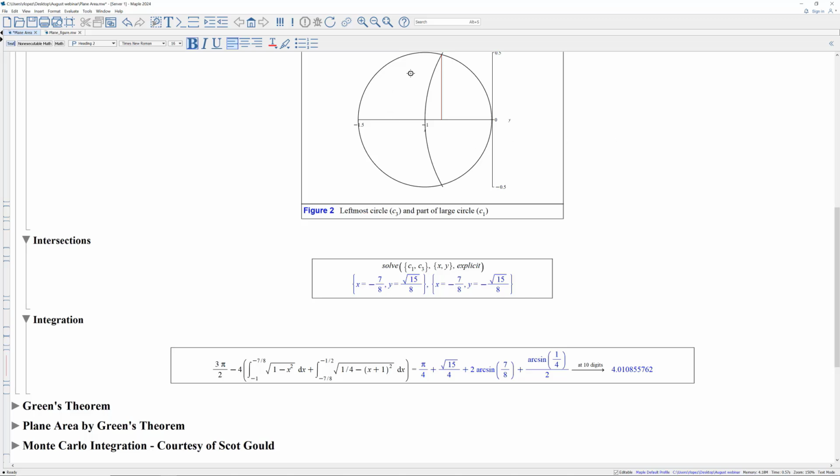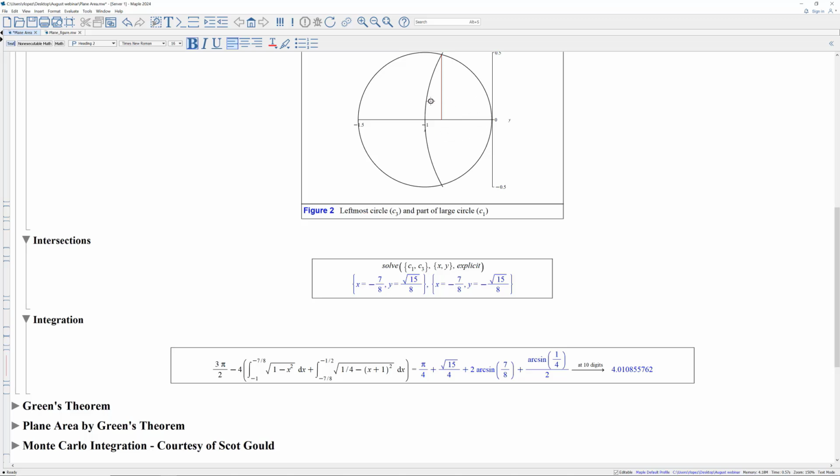But what is the area of one of these smaller circles? Pi r squared, r is a half, so it's pi over 4. You double that, and you've got 3 pi over 2. That would be the total area, and it would be incorrect. You have to subtract off this overlapping stuff.